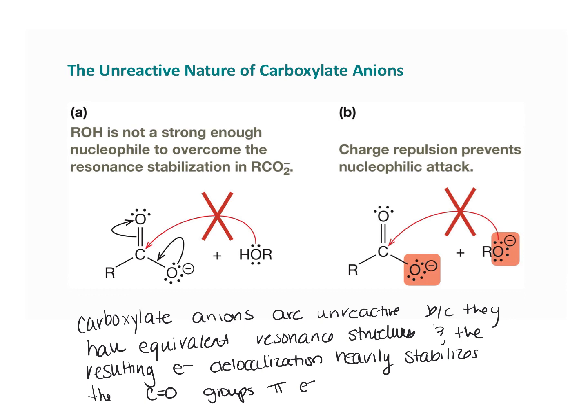And then furthermore, that was mostly with A here, but here with B, these carboxylate anions are negatively charged. And so because we have this negative charge, they repel incoming nucleophiles.